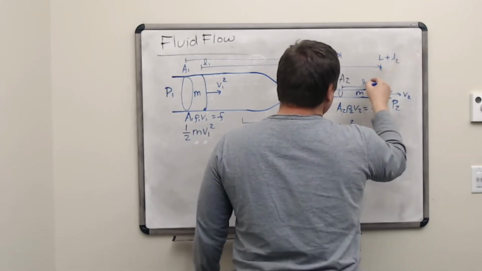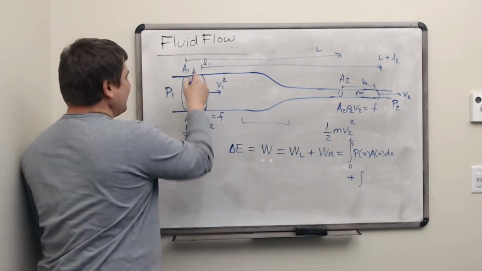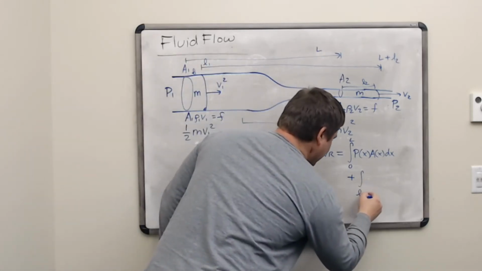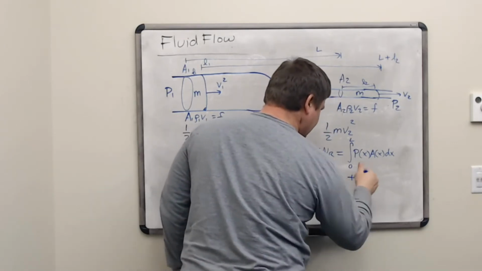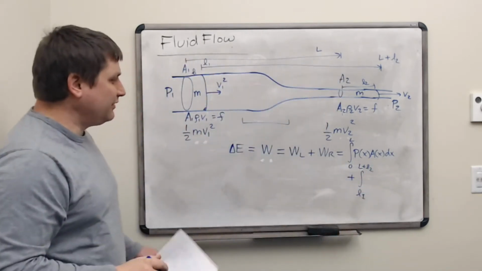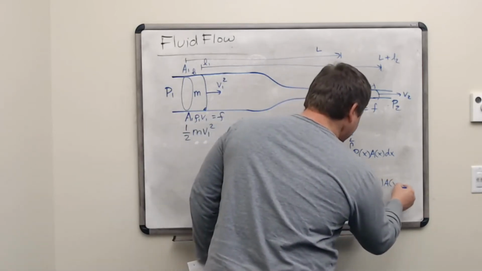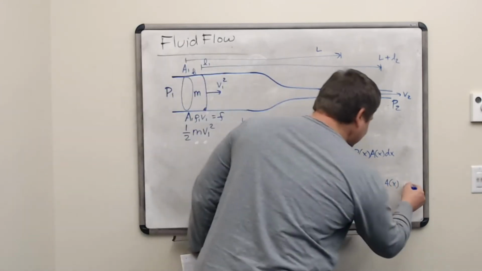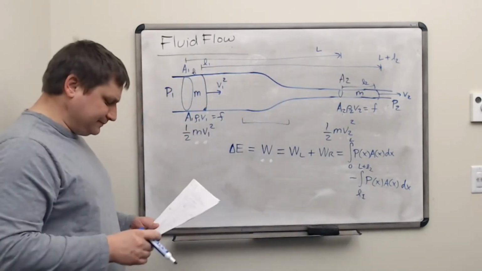So L2 will be the length of that chunk of mass on the right, and L1 will be the length of that chunk of mass on the left. So over here, for work right, we've got L1 as our starting point for that right edge, and then it goes to L plus L2. And we're talking about the same functions for pressure and area as it varies along the pipe here. But this time, the pressure is pushing opposite to the motion, so we have a subtraction.